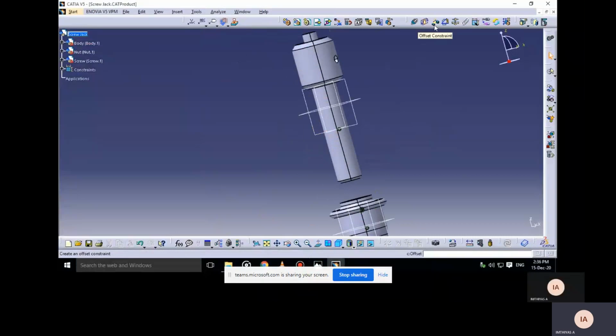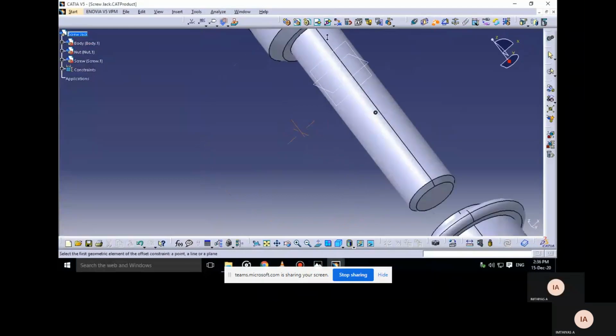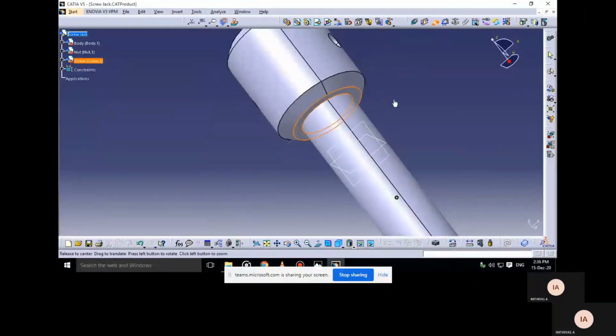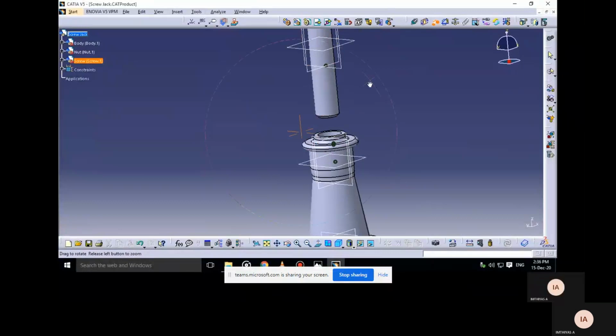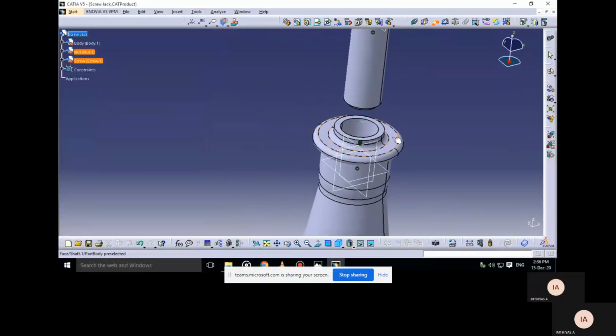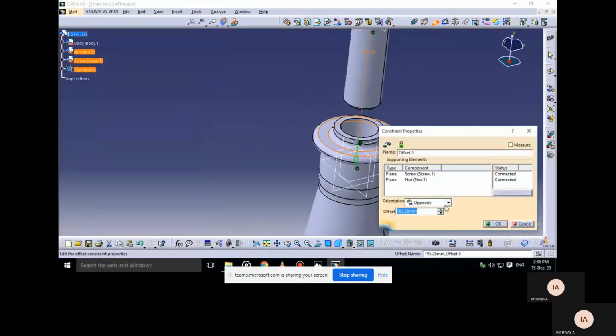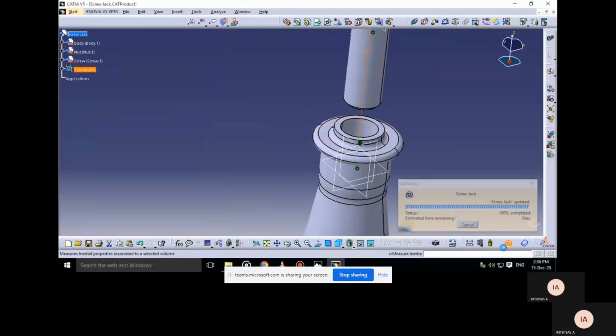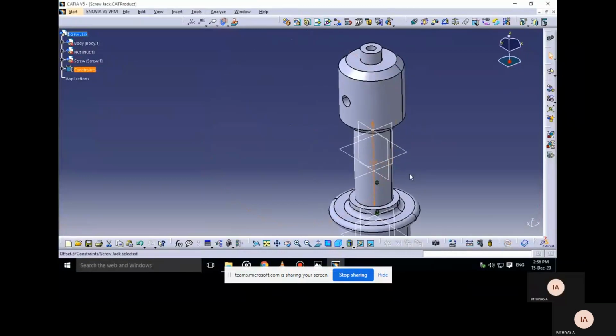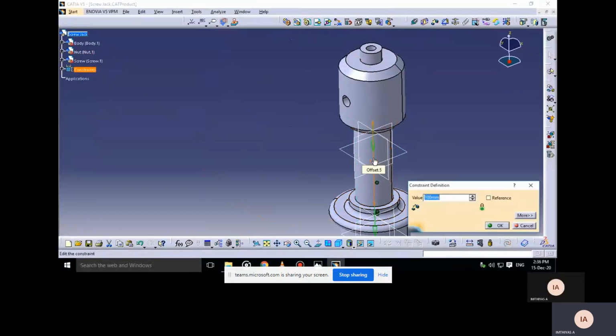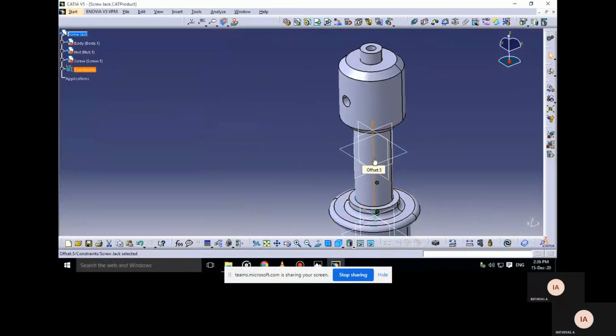Only half of the thread is being inserted. So out of 275 mm, we have inserted only 100 mm.